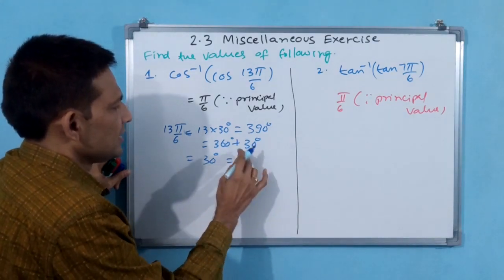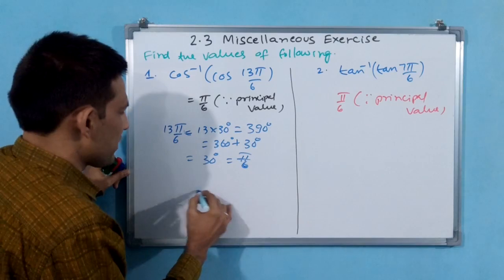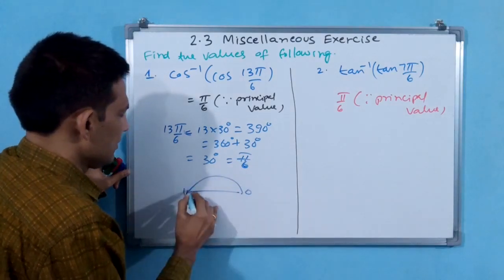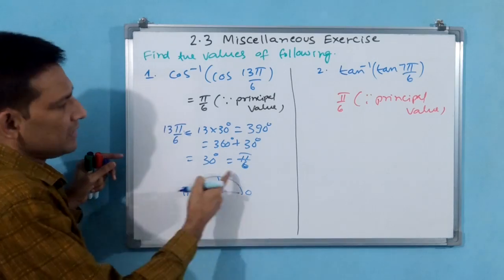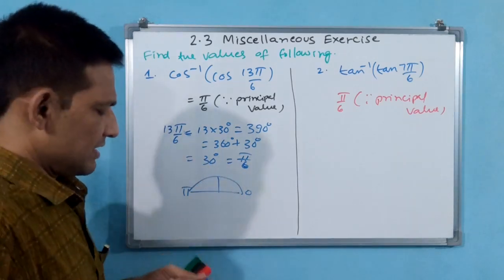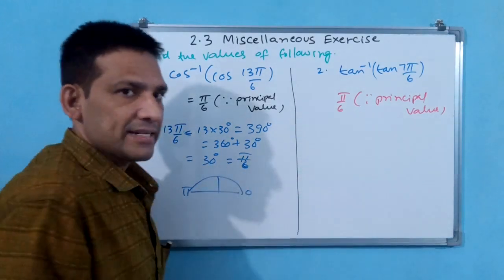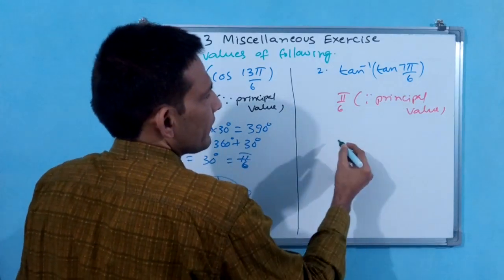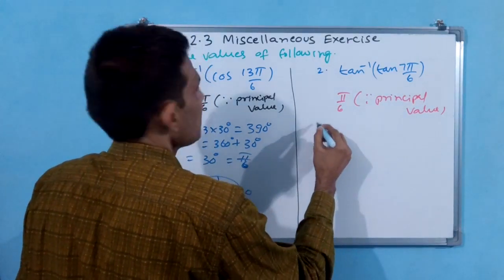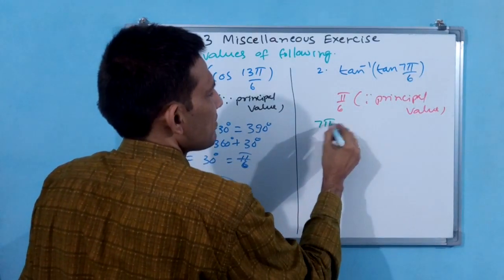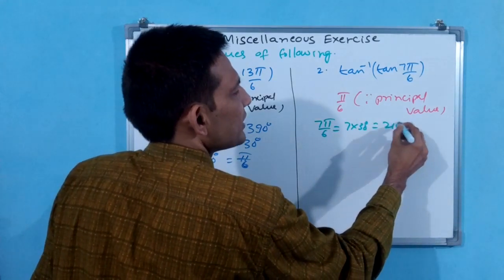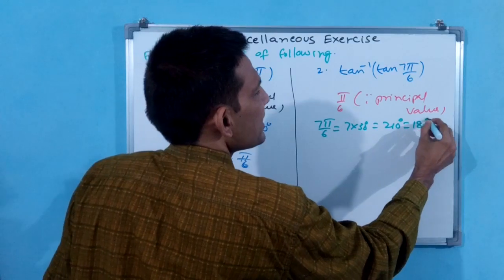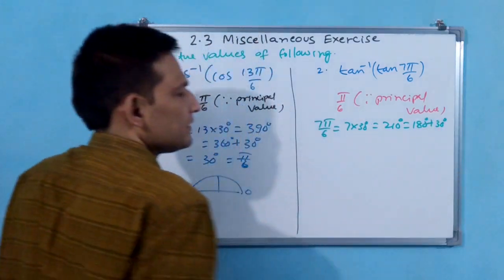That's all. Pi by 6 is within 0 to pi, because for cos the principal value is 0 to pi, so directly you can write. But this is not the case for tan. You see, tan inverse tan 7 pi by 6 is 7 pi by 6, that is equal to 7 into 30, that is equal to 210 degree, that is equal to 180 plus 30 degree.